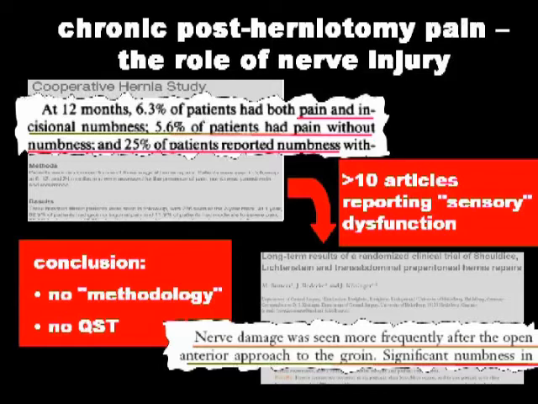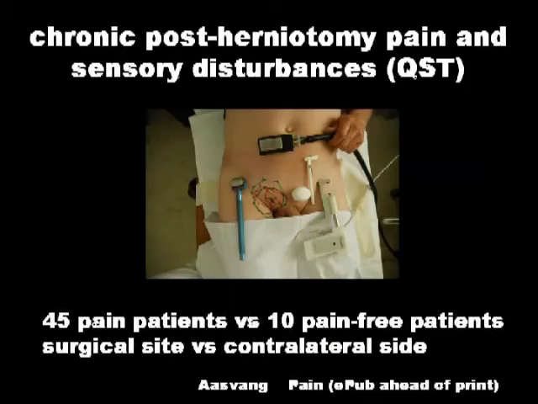And no neurophysiologist interested in chronic neuropathic pain would accept the methodology in all these hernia studies. And especially, there are no QST studies, that means quantitative sensory testing, a well-defined equipment that is used to assess these patients with chronic neuropathic pain.